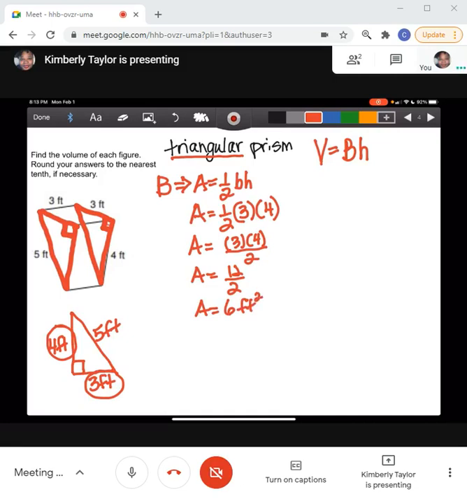So now we need to figure out, what is the height of the prism? The height of the prism is the distance that separates the base on the right hand side from the base on the left hand side. So you see this space in here? What is the length of that space? Kyla, tell me, what's the length of the green line?